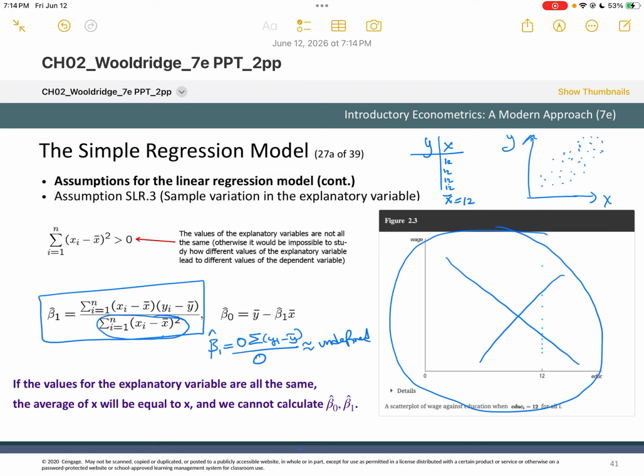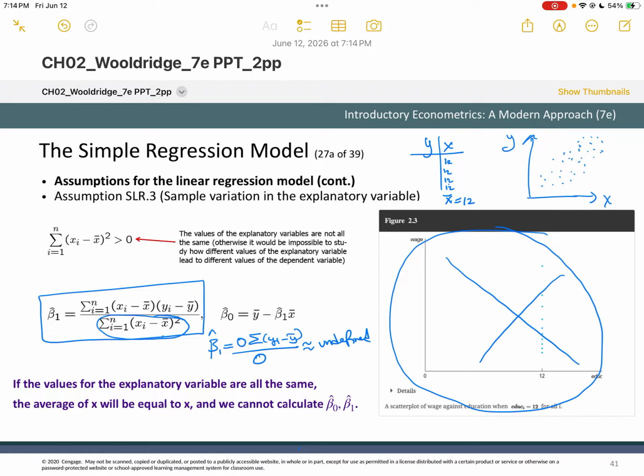Now, here is where you may ask me, how much variation? Enough variation, I'll keep saying this. What does that mean? More follows in chapter 3.